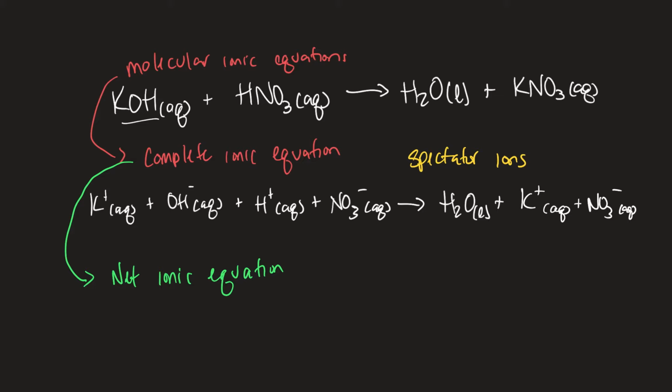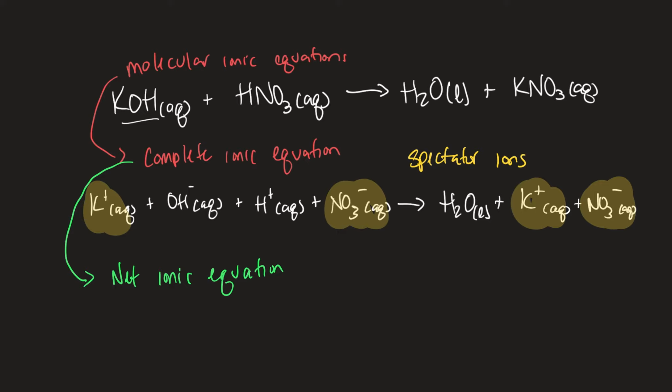Hopefully you notice that in this scenario we have the potassium ion on both sides unchanged, and the nitrate ion on both sides unchanged. These are our spectator ions.